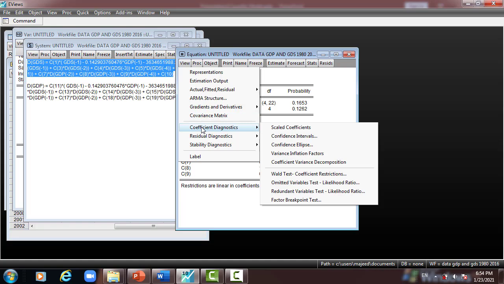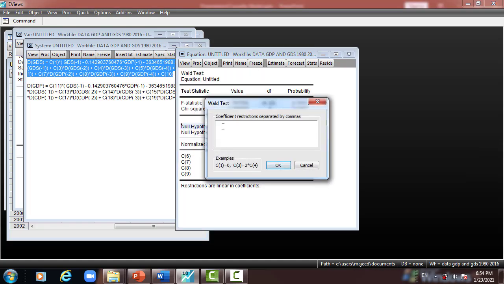I go to coefficient diagnostic, Wald test, then I type the null hypothesis, C2 equal C3 equal C4 equal C5 equal 0. Double check.